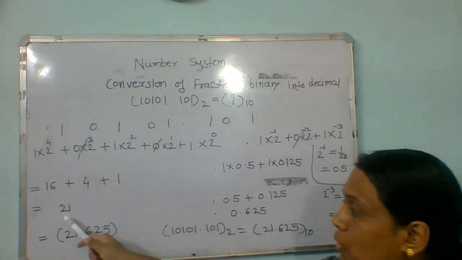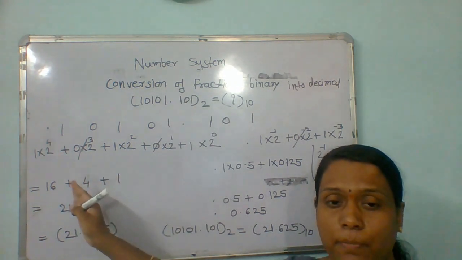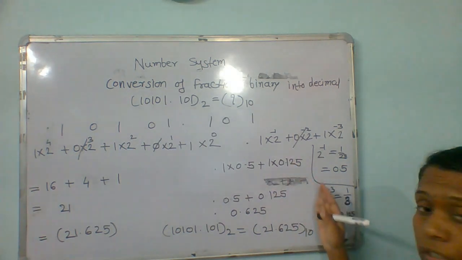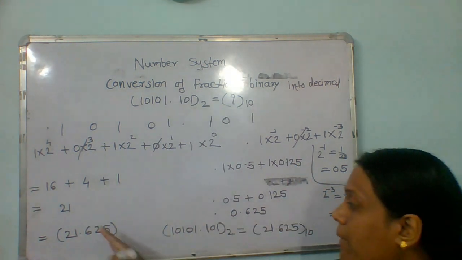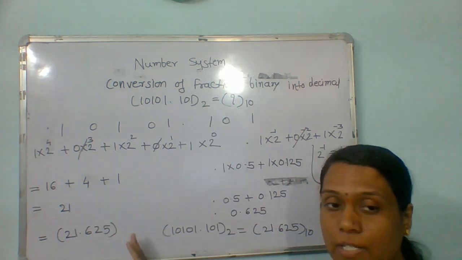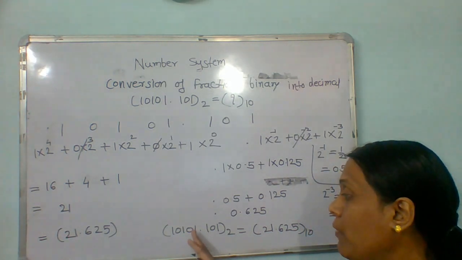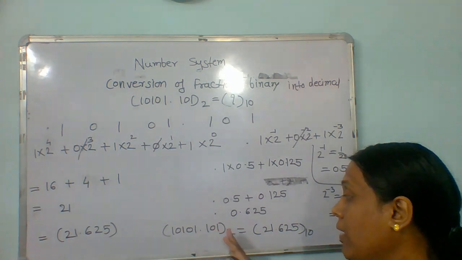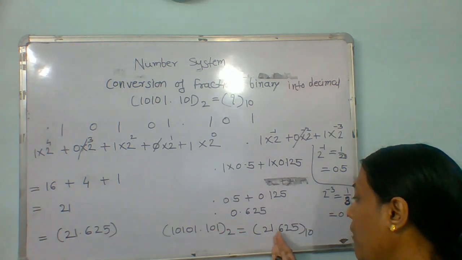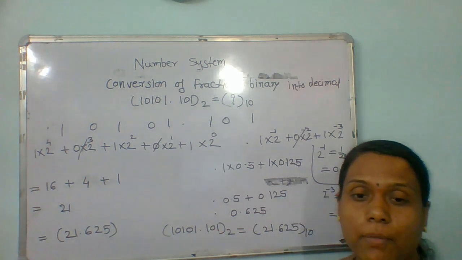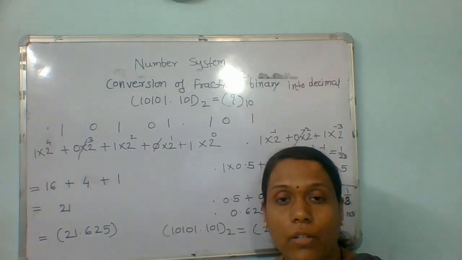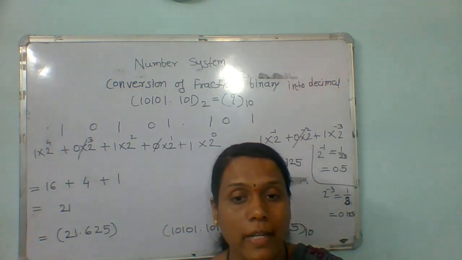Now make an addition of these numbers, the calculation before the decimal and the calculation after the decimal. So it becomes 21.625. So the answer is that the conversion of binary 10101.101 to decimal is 21.625. So this is the conversion of a binary number having the decimal point.